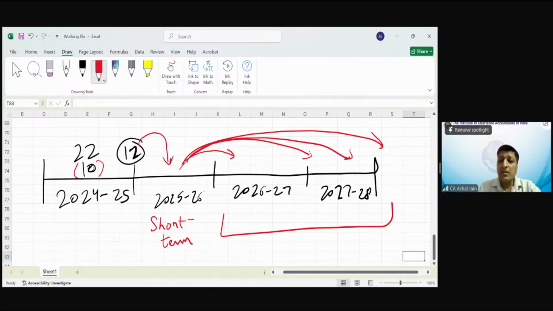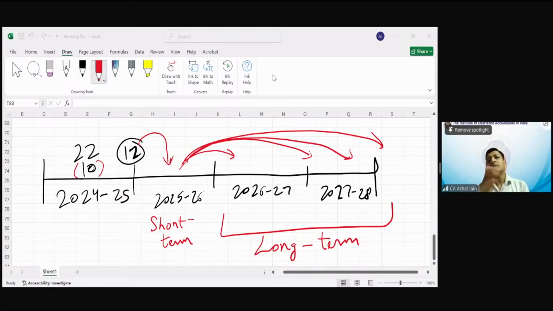All of these you will call it as long term. Yes or no? All of those you will call it as long term, right? So therefore, in this case, these leaves can become both short term as well as long term.